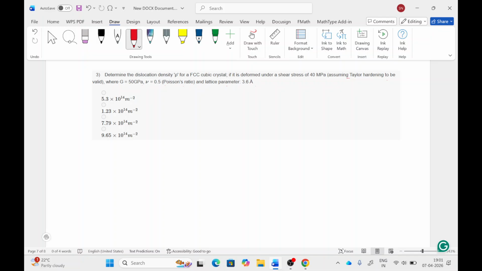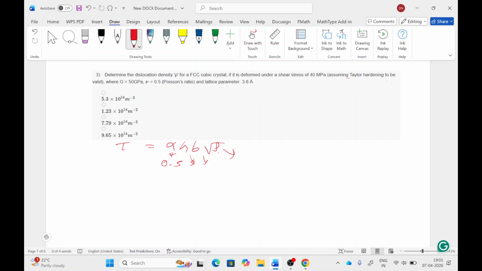So according to Taylor hardening, the shear stress is equal to alpha G B square root of rho. So this rho is the dislocation density. Alpha is a geometric factor. We can take it as 0.5. G is shear modulus. B is Burgers vector and rho is dislocation density.